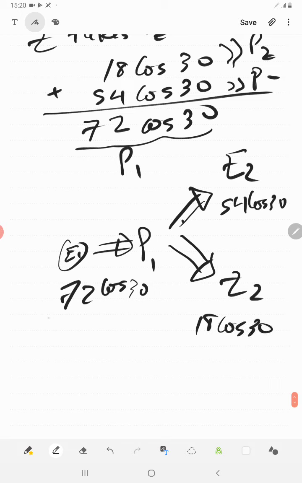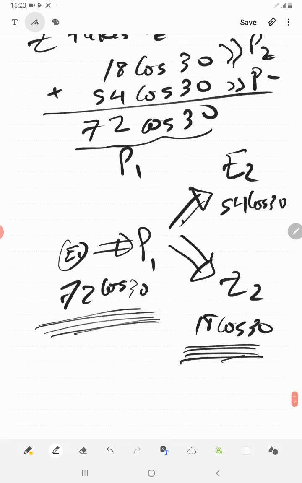So 72 cosine 30 is the total supplied power from source 1. Part of it will be absorbed in the impedance, and the other part will go to source 2. So source 2 is negative. It means source 2 supplies negative power, which in other words means that it takes positive power.